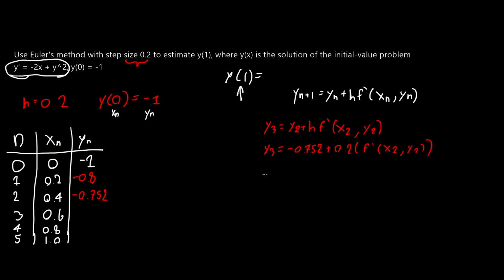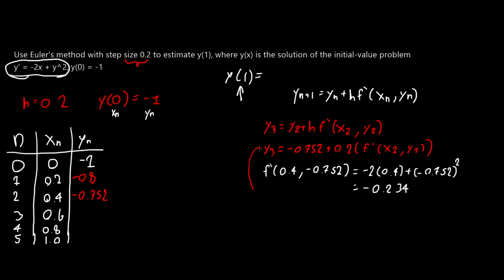So then let's work on f prime. So f prime of x sub 2, which is 0.4, and then y sub 2, which is negative 0.752, will equal negative 2 multiplied by 0.4 plus y squared, and y is negative 0.752, and then squared. And then this will equal negative 0.234.